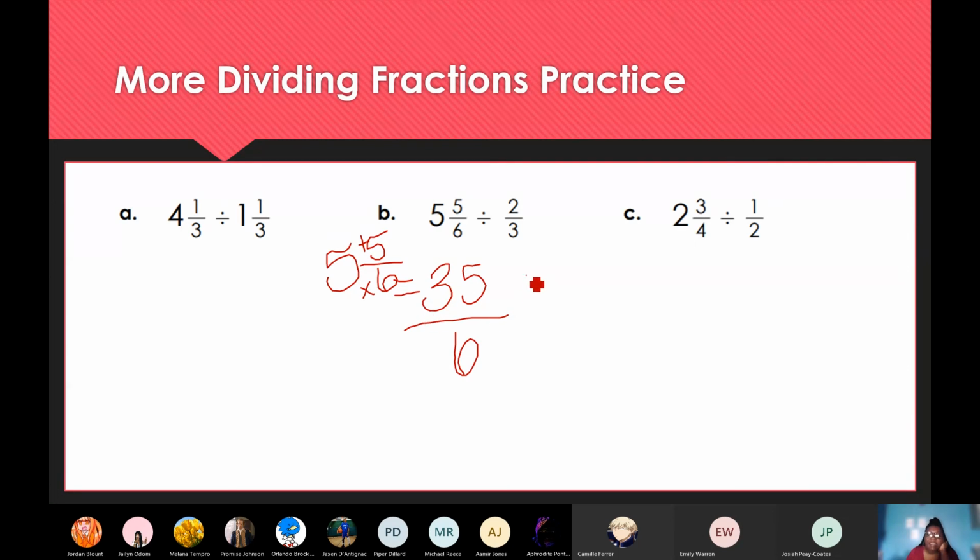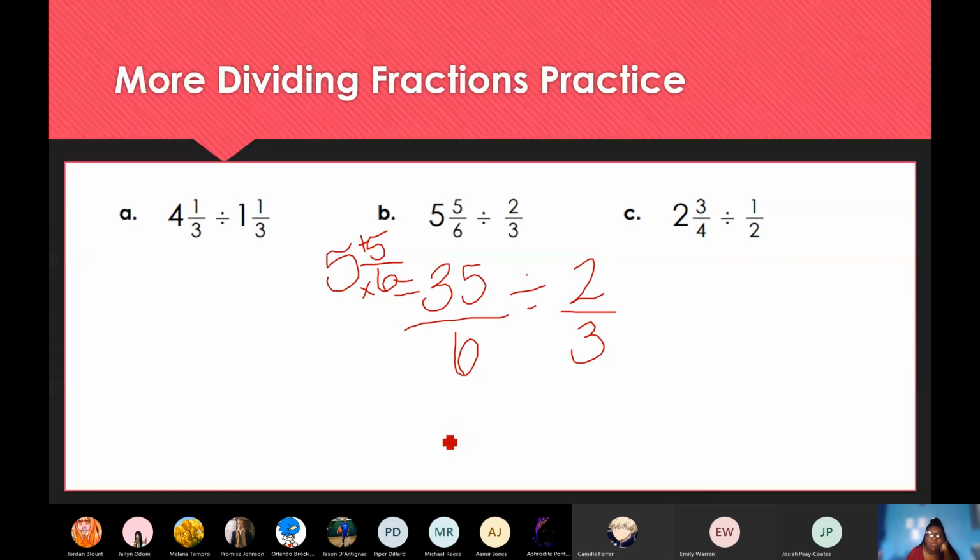And now it's asking us to divide 35/6 by 2/3. What's my second step? Find the reciprocal. Very good. And so what does that basically mean?